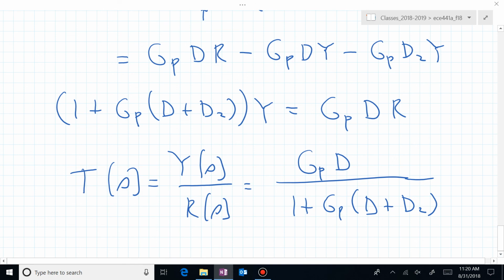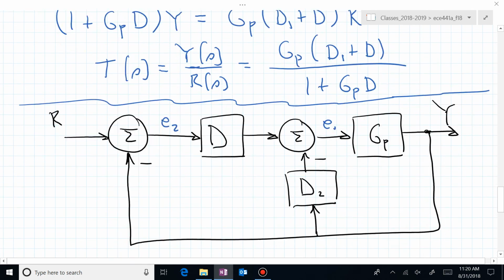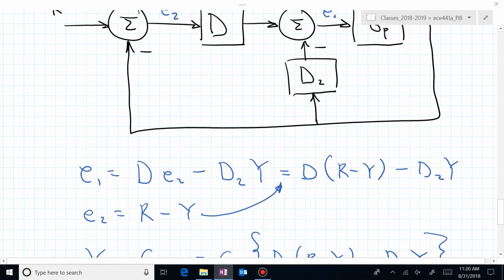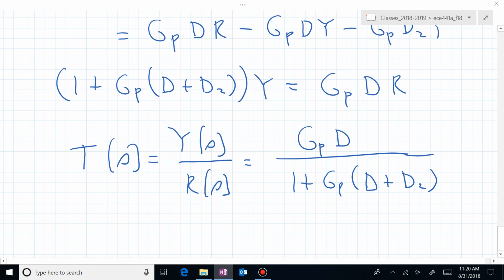And again, we get back what we would expect to get back if in this block diagram we set D sub 2 equal to 0. Then we should end up with our G sub P D over 1 plus G sub P D, and in fact we do. But you can also see that we now have more flexibility in designing the numerator and denominator of the transfer function.